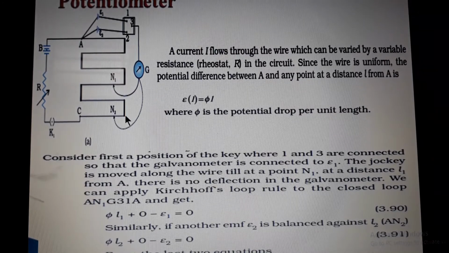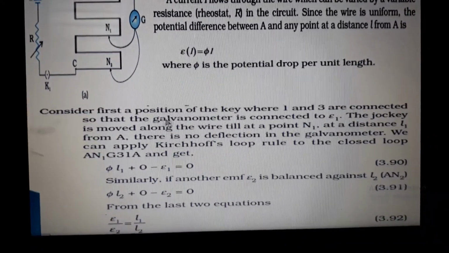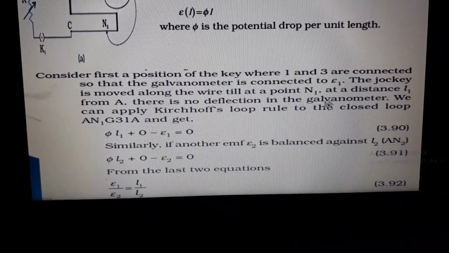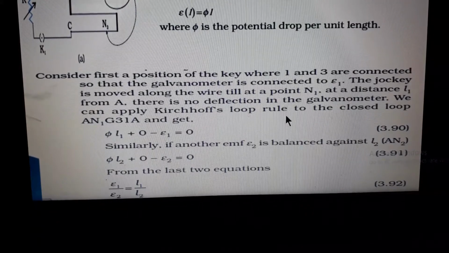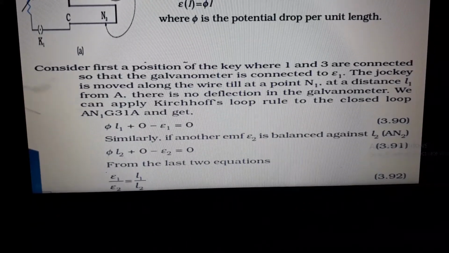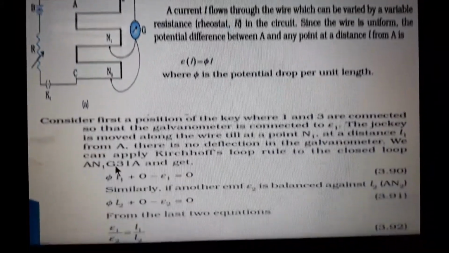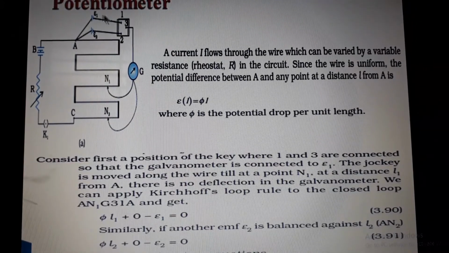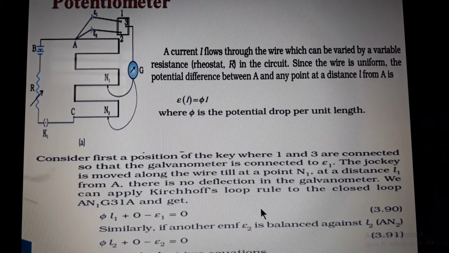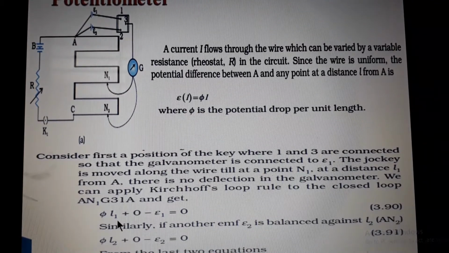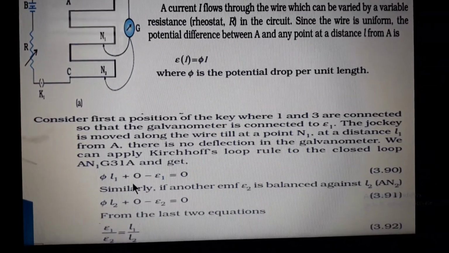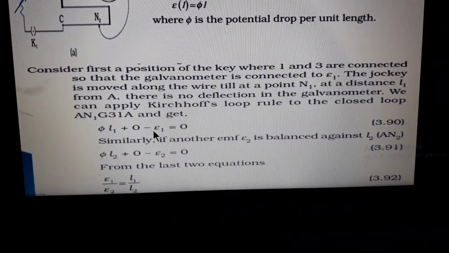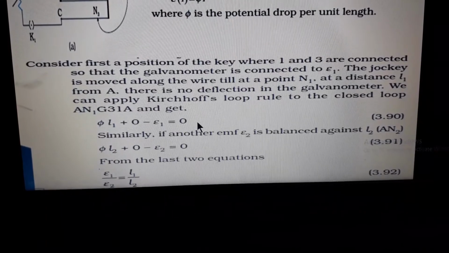So consider the first position of the key, where 1 and 3 are connected. At that time, just apply Kirchhoff's loop rule, that is the loop A N1 G 3 1 A. So applying Kirchhoff's loop rule, phi into L1 plus 0 (the galvanometer deflection is 0) minus E1 is equal to 0.